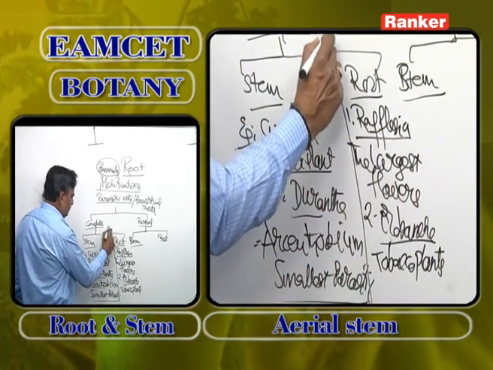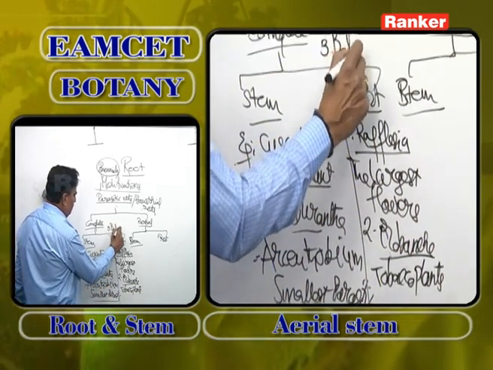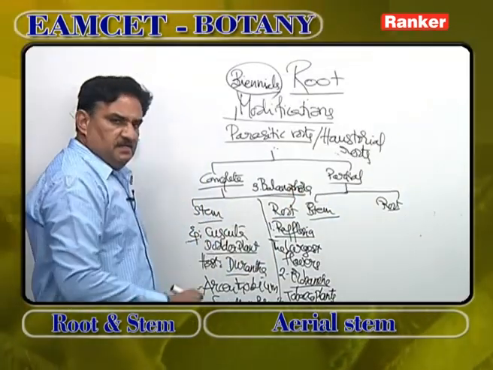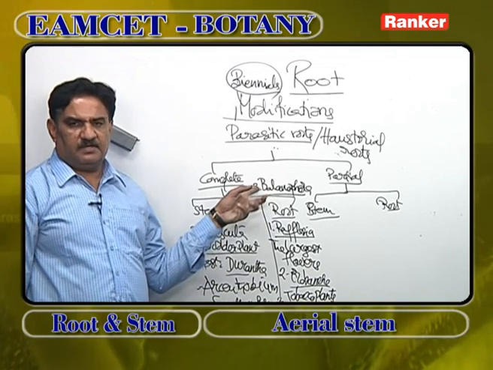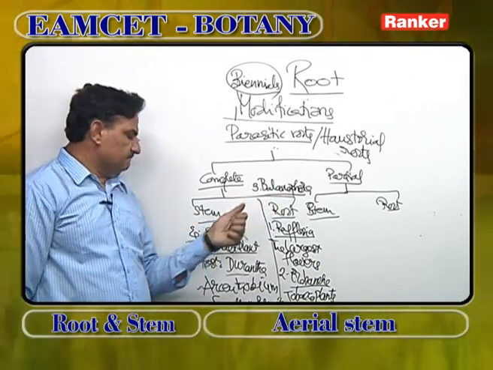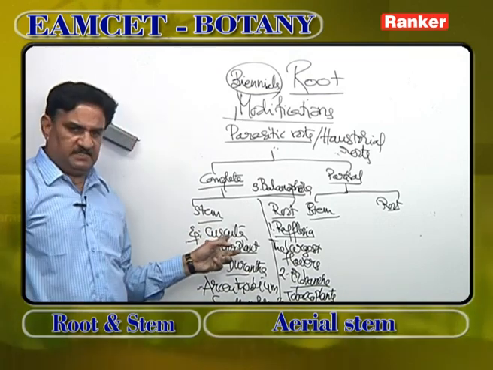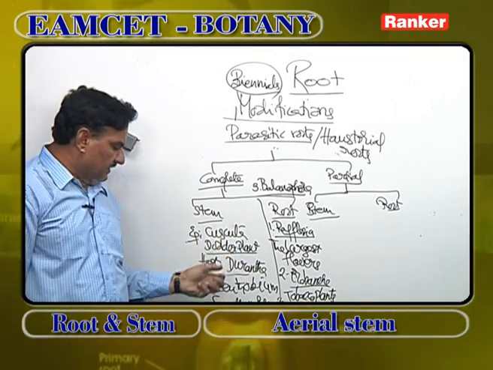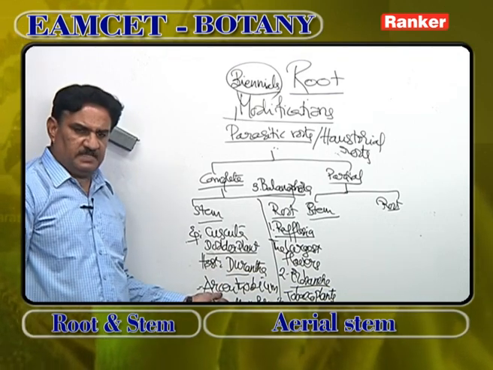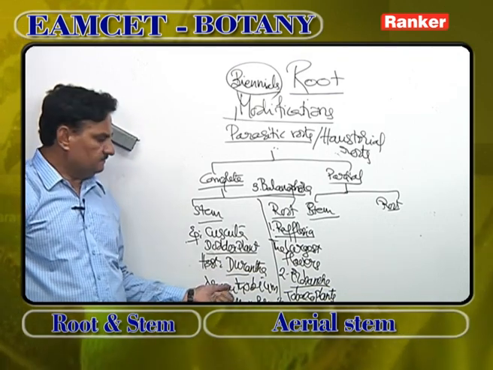There is another complete root parasite called Balanophora. The speciality of Balanophora is that it is a complete root parasite with scale leaves. These are all important for EAMCET. So a complete stem parasite is Cuscuta, the dodder plant, where the host is Duranta. Another, the smallest complete stem parasite, is Arceuthobium.